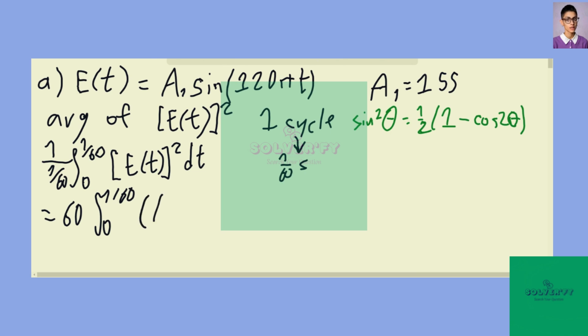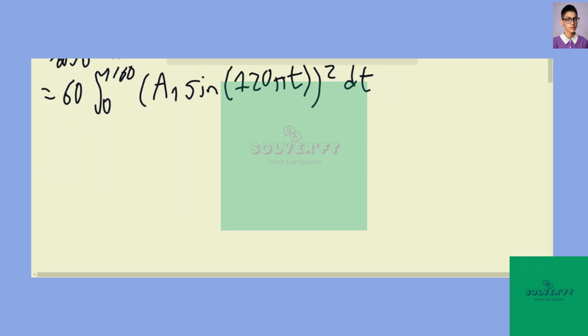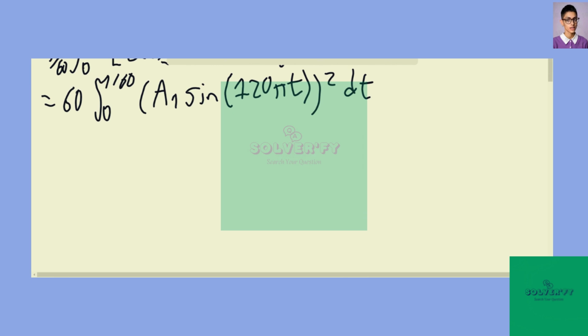It's A1. I chose to call it the 155, A1. So it's A1 sine of 120 pi t, all that squared. So before we find this definite integral, we need to find the indefinite integral.